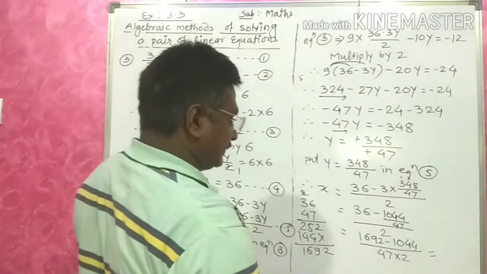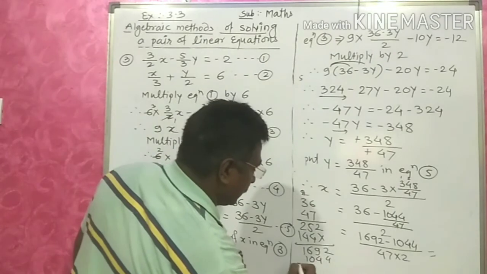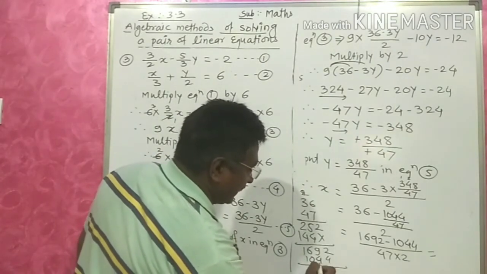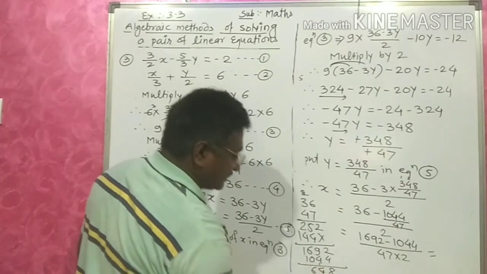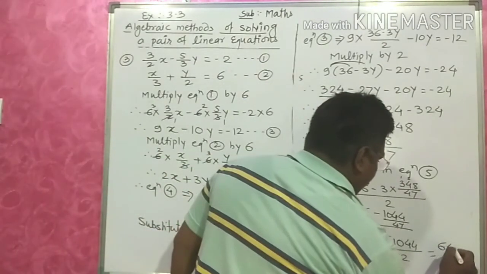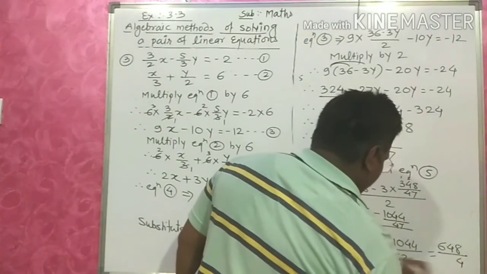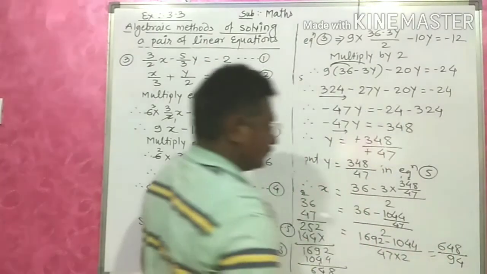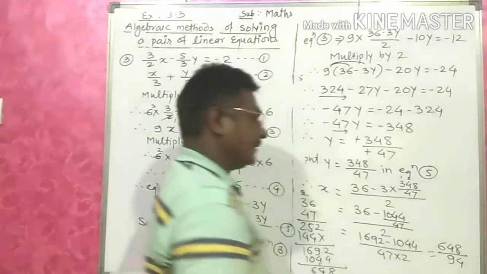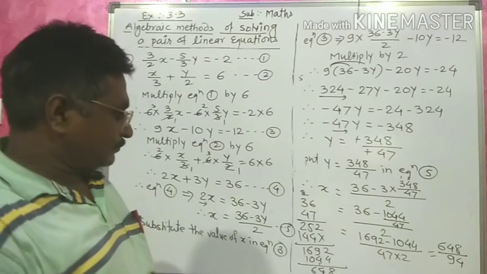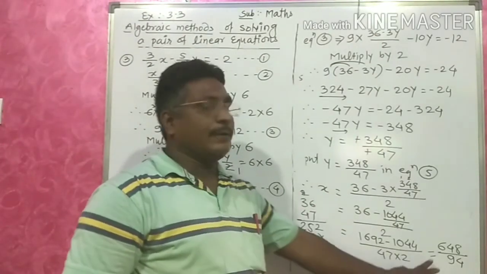So what will we get? 1044 minus, here 648 by 1494. So here simplify this and write the answer. Understood, student? This is the value of x.